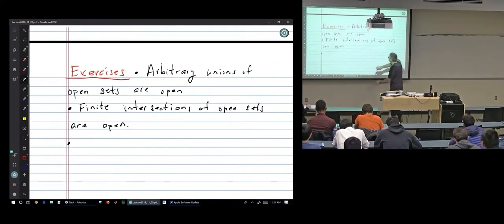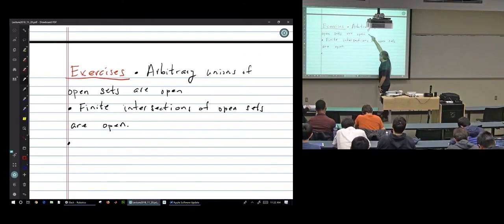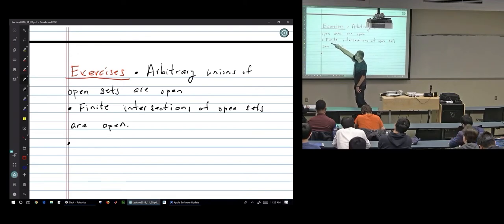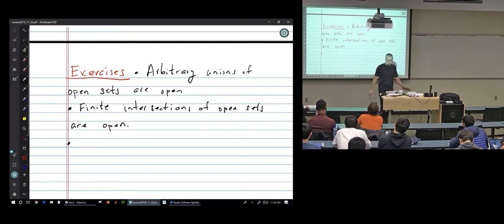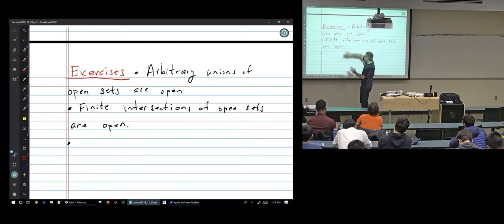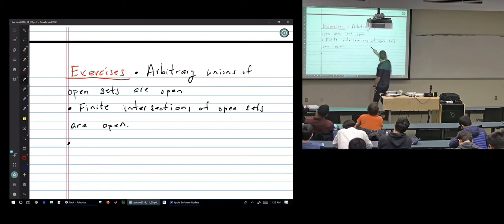You can have uncountably infinite unions of open sets and it stays open, but in general only finite intersections. And I'll give you an example that shows that. It's really important when you look at intersections: if it's not finite, then it may no longer be open. Only finite intersections are guaranteed to be open.